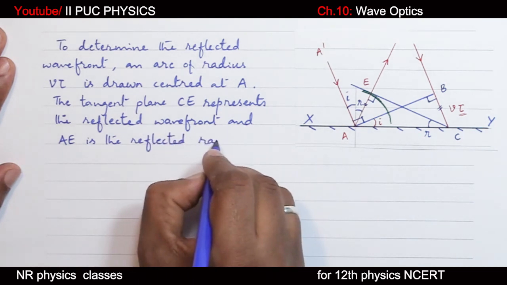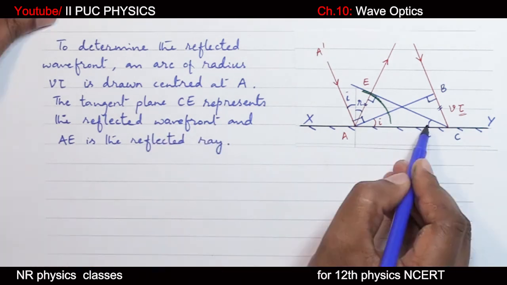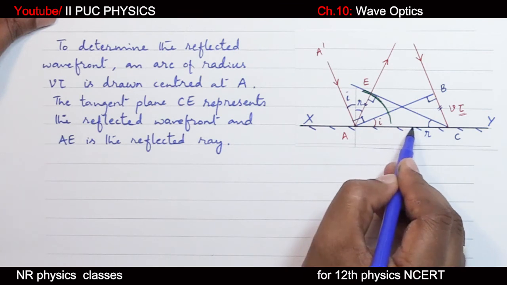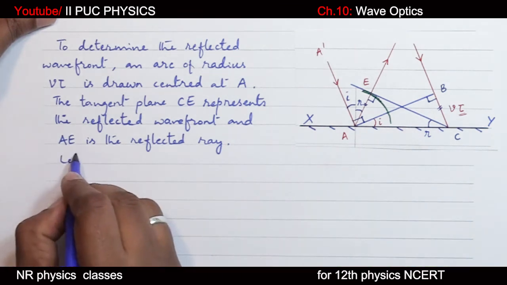Let r be the angle of reflection, the angle between the reflected wavefront and the reflecting surface.